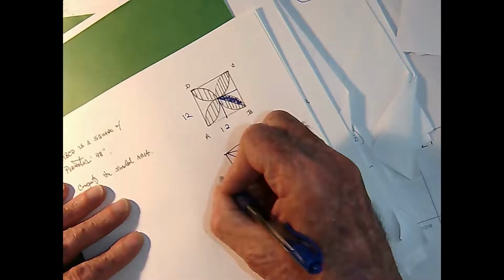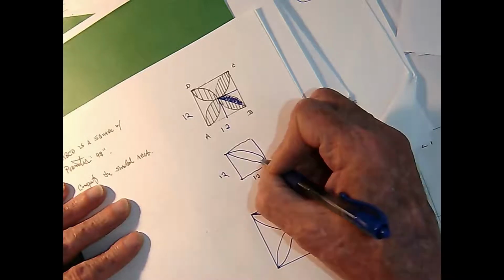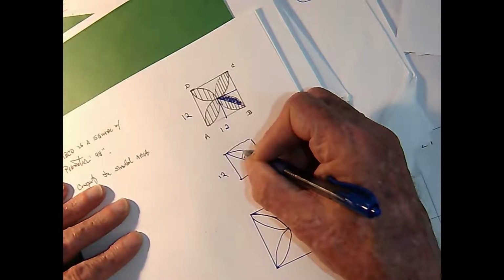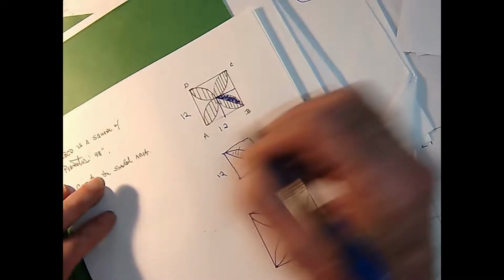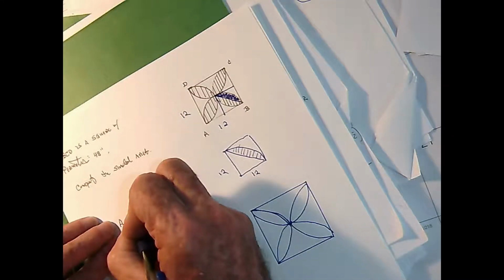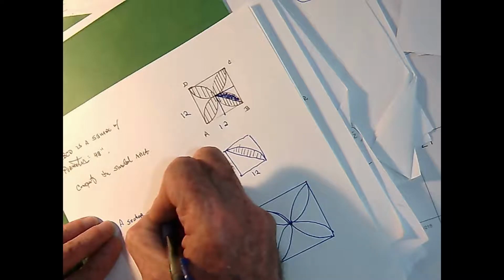I got this 12 by 12 square. And I want the area of this segment of that circle. That ought to be the area of the sector minus the area of the triangle. We give you the area of that segment.